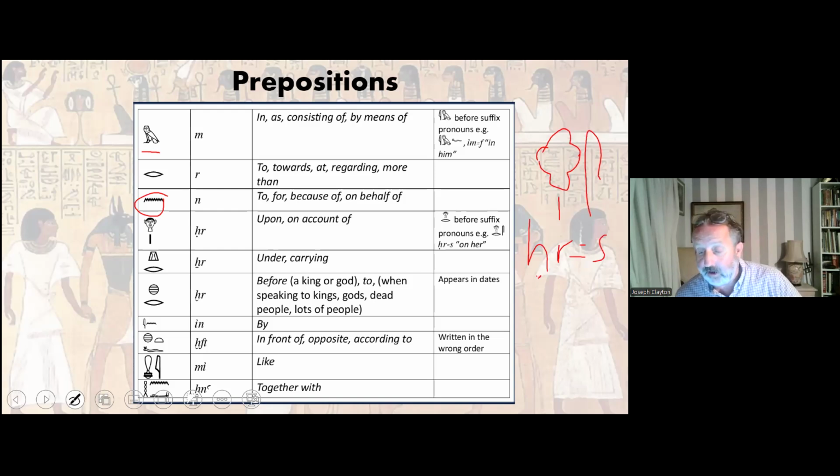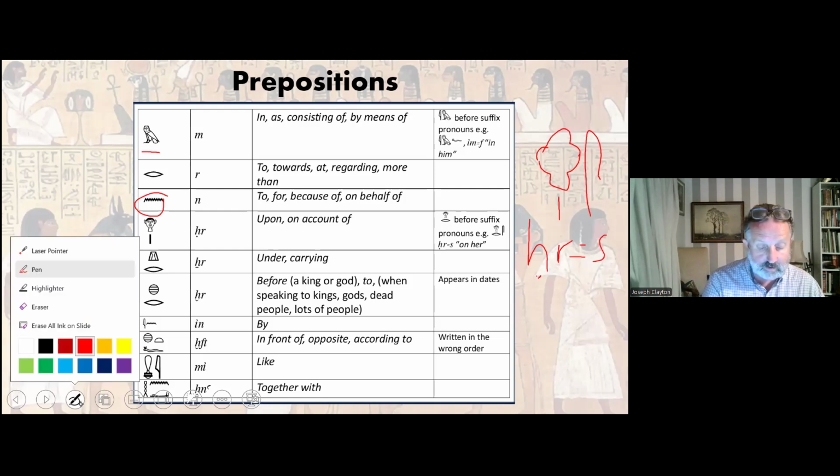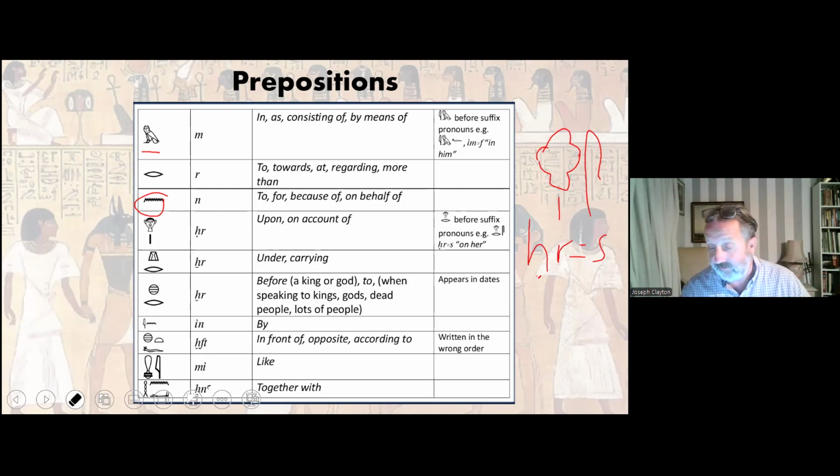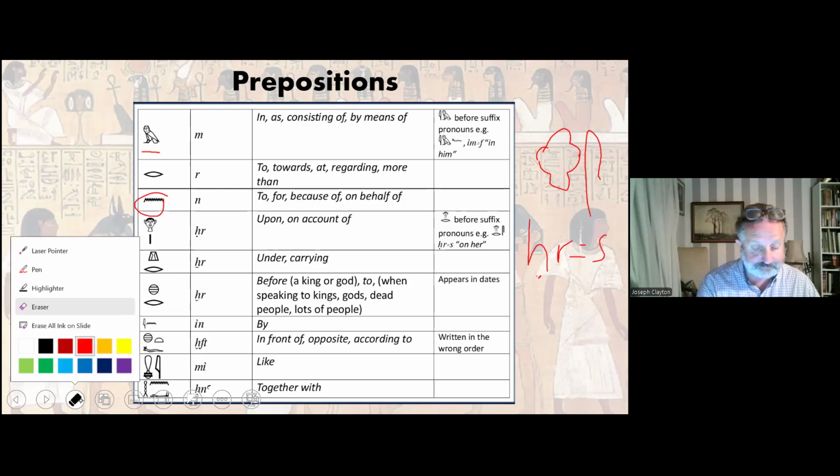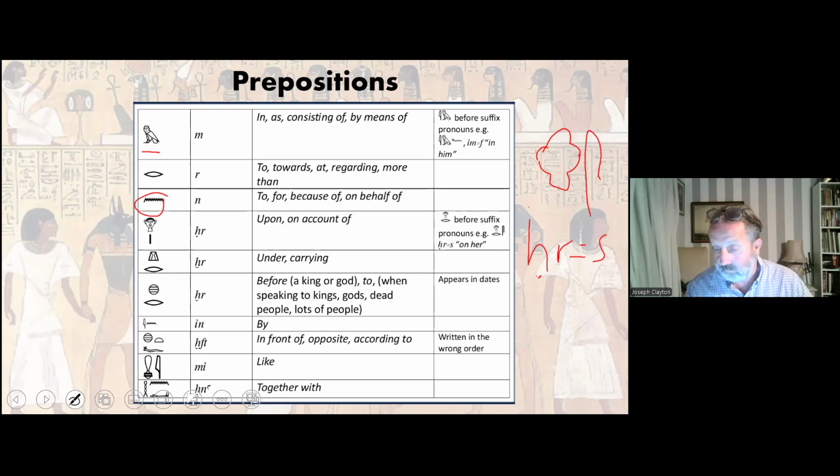The reason you would know is that if you wanted to say on her, you'd have to do it like this, because you always put the phonetic complement if you put a suffix pronoun. So hr equals s, on her. Hr equals f, on him. But you would have the r there. Hr equals i, on me.